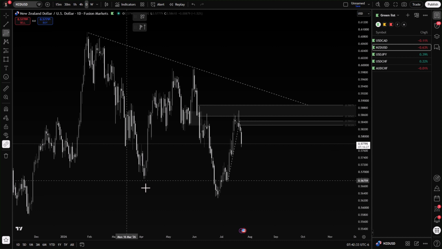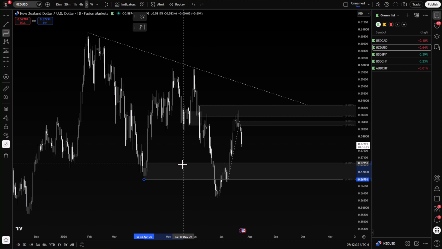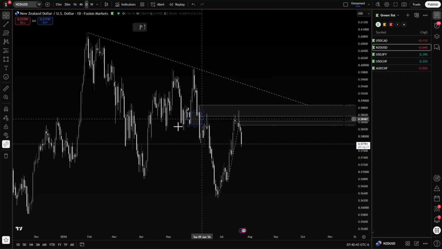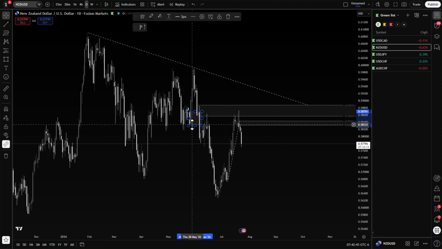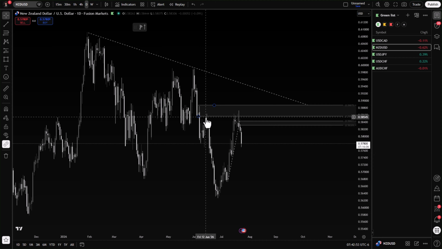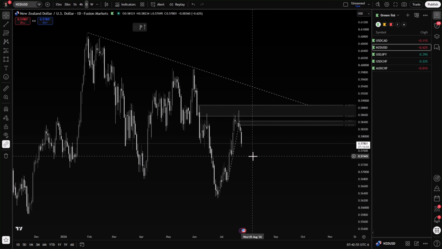Look at this other area of demand down there, also taken out. Why do you think it's being taken out? Because sellers are in control. And why are supply areas being respected, like this one? Because again, sellers are in control.